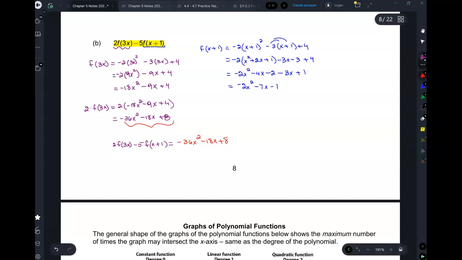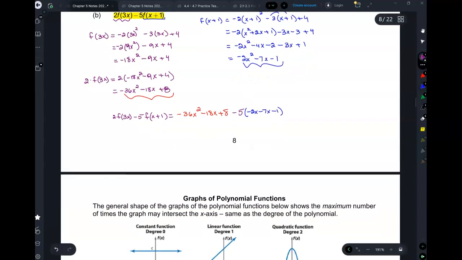Minus 5 times f of x plus 1. Okay? So this is negative 36x squared minus 18x plus 8, plus 10x squared, right?